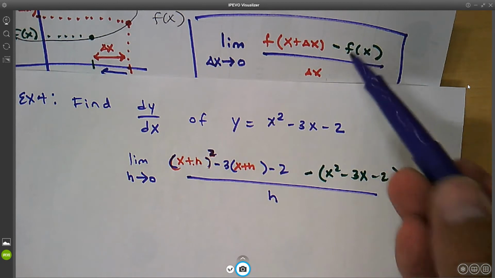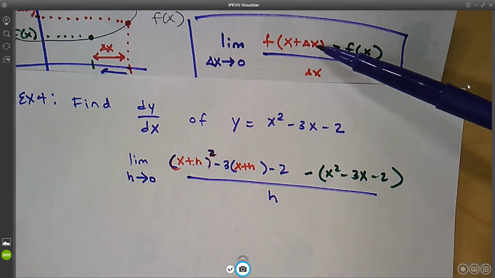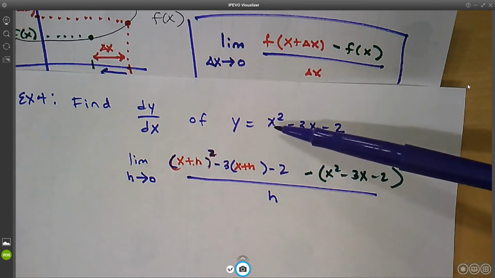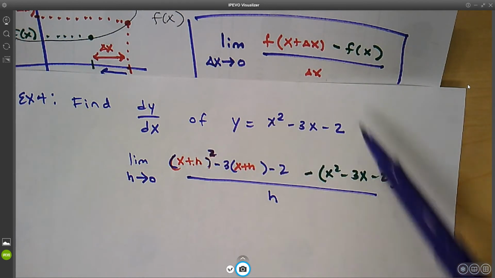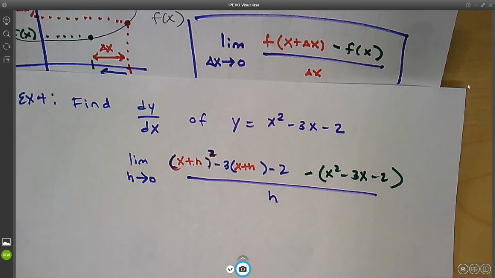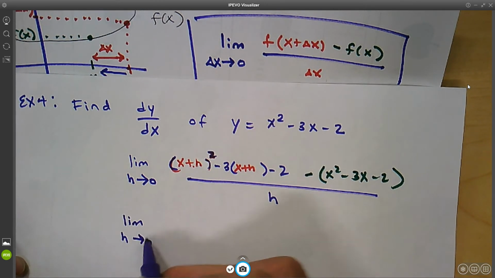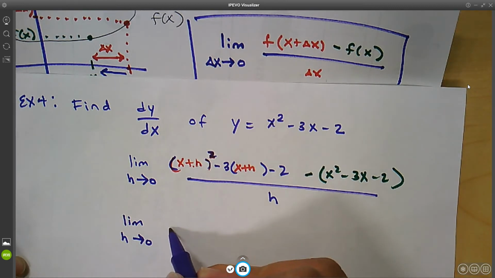It's just from this formula, f of x plus h. That communicates plugging in an x plus h into all the x's. F of x is, write the equation one more time. And then we got to clean this all up. Okay, we're going to square this first part.